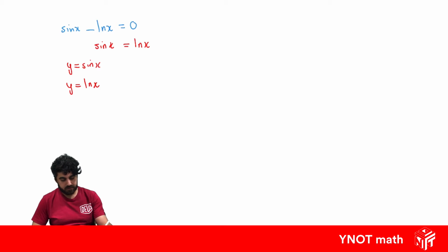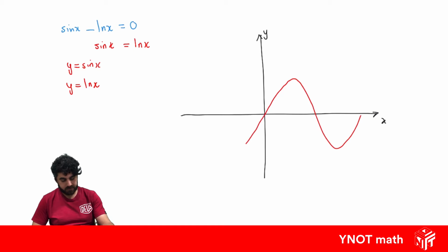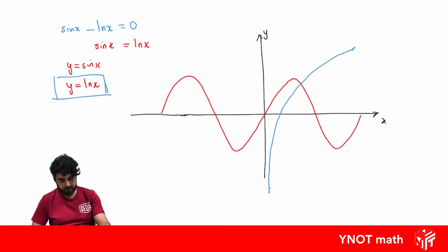So let's go ahead and draw our xy axis. And if we draw sine x in, we get something like this. And let's draw ln x in blue, and we're going to get something like this for our value of ln x.